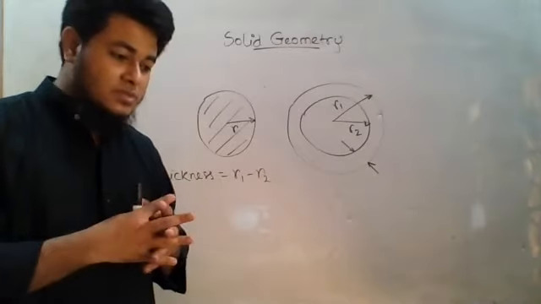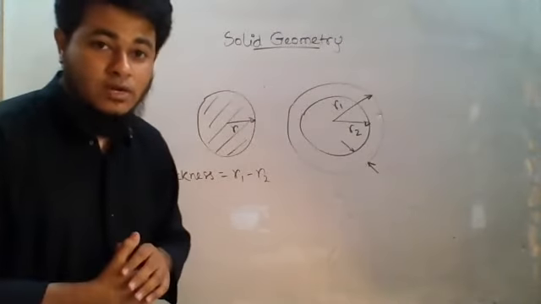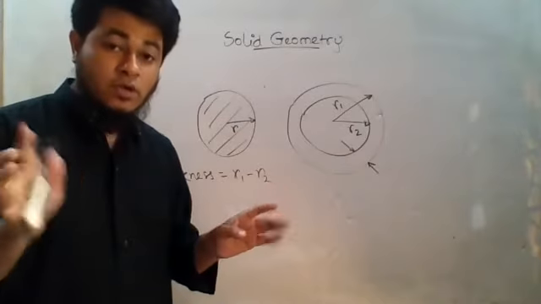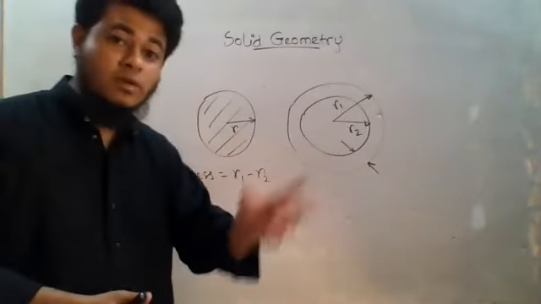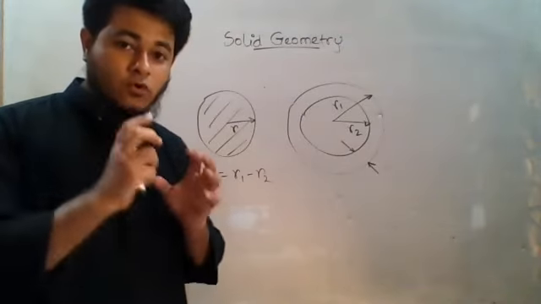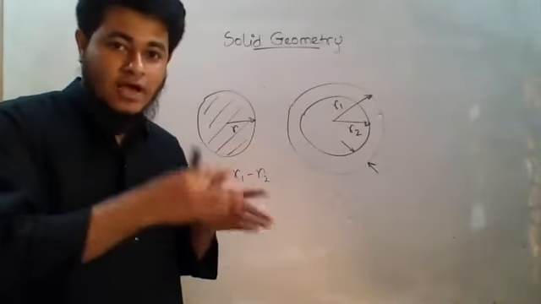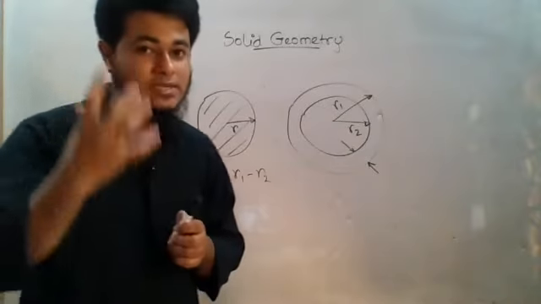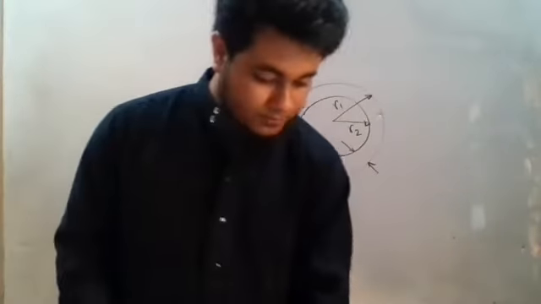But the calculation might be such that you will not get the individual values of R1 and R2. What you will get is directly the value of R1 minus R2 from the calculation. So focus on R1 minus R2, not the individual values of R1 and R2. So this is a hint, try at home. If you cannot, then inshallah I will discuss it in the next class.